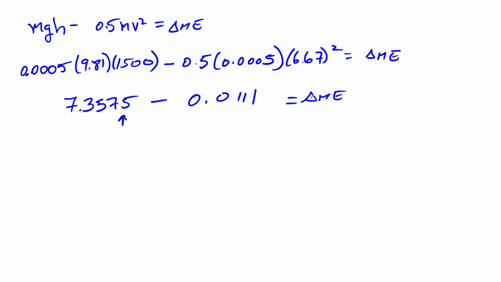So 7.3575 minus 0.0111, and the change in mechanical energy is 7.3464 to the fourth digit, and this is how much we lost.